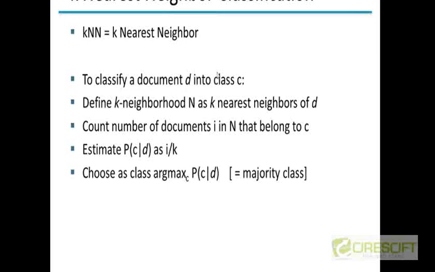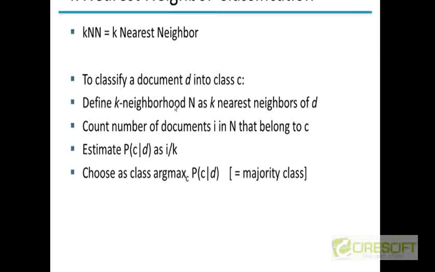In the test phase, we look at the k closest documents to the test document. Let's say that the test document is called D.